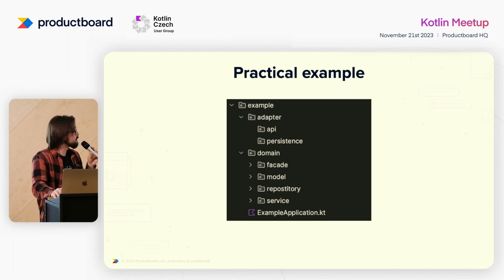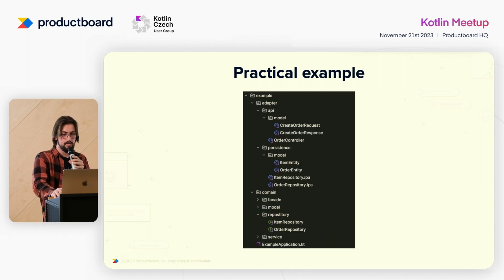And now let's look at adapters. First, the two most common: the API that you will expose, and persistence. So in API, we can create a simple REST controller, request and response, and in persistence, entities for item and order, and JPA repository.